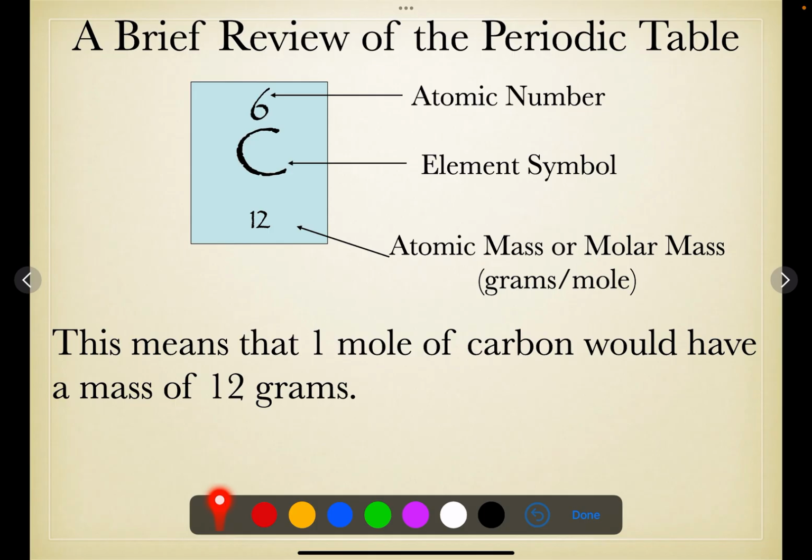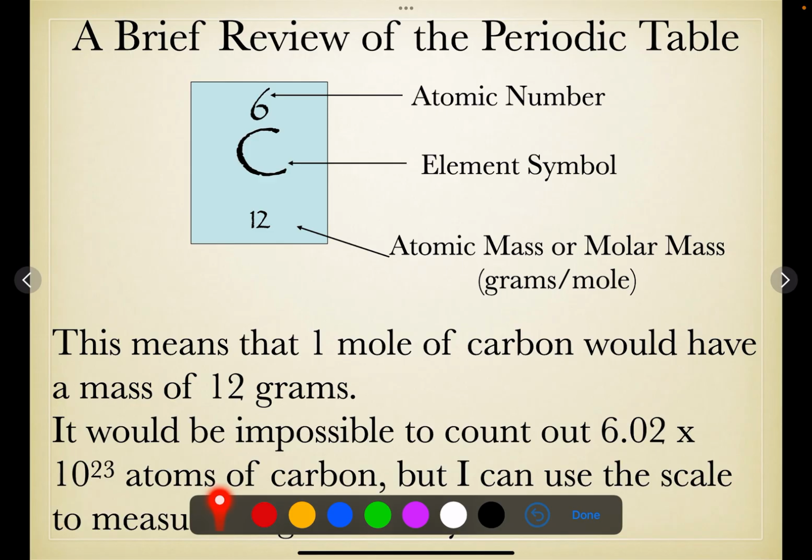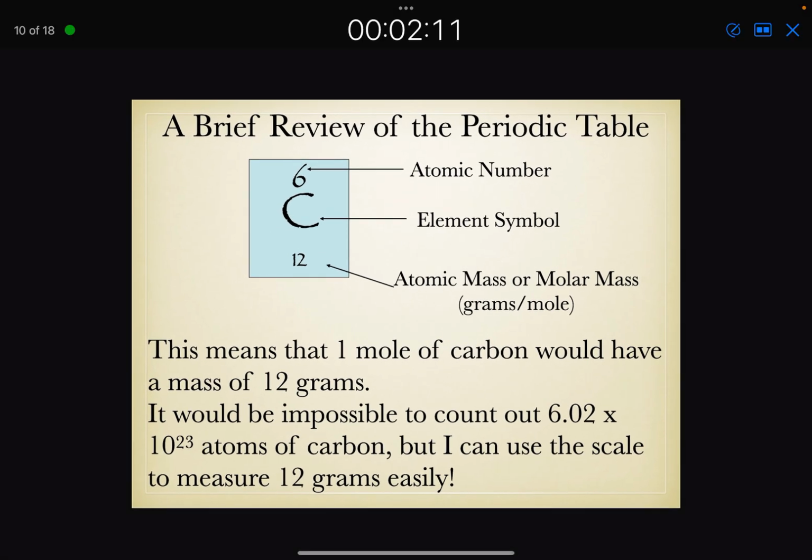Remember, 1 mole is 6.02 times 10 to the 23rd atoms of carbon. It would be impossible to count out that number, but I can use the scale and easily measure out 12 grams.